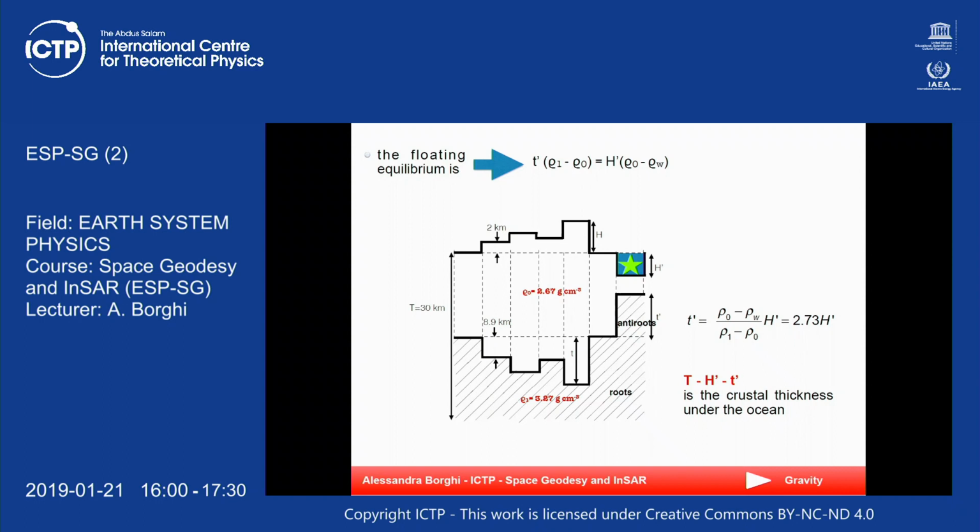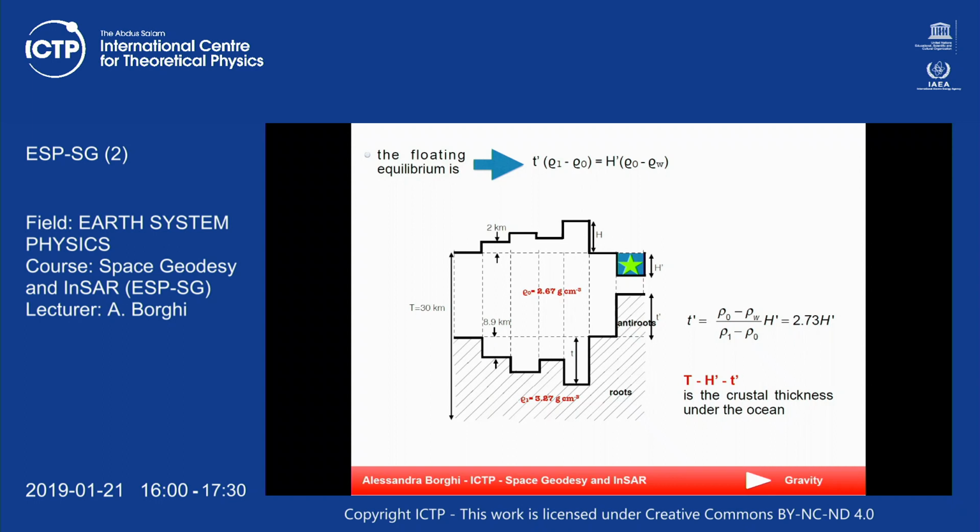Sorry. When you are on the sea, in this case, the floating equilibrium equation is this one, where you have to consider the difference between the density of the crust and the density of the water, and you have to compensate this quantity.